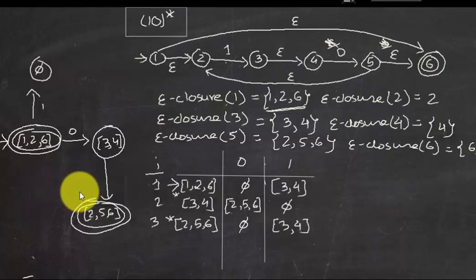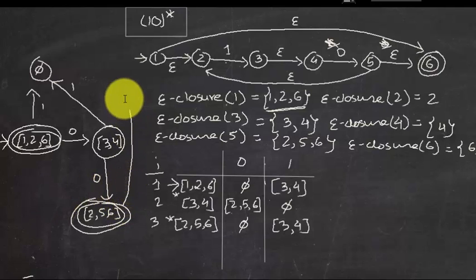Sorry for the diagram, I know it looks ugly, but whatever. So 3, 4 on 0 goes to 2, 5, 6. And on input 1, we go to the dead state. And 2, 5, 6 on input 0 goes to the dead state. And on input 1, we go to 3, 4.